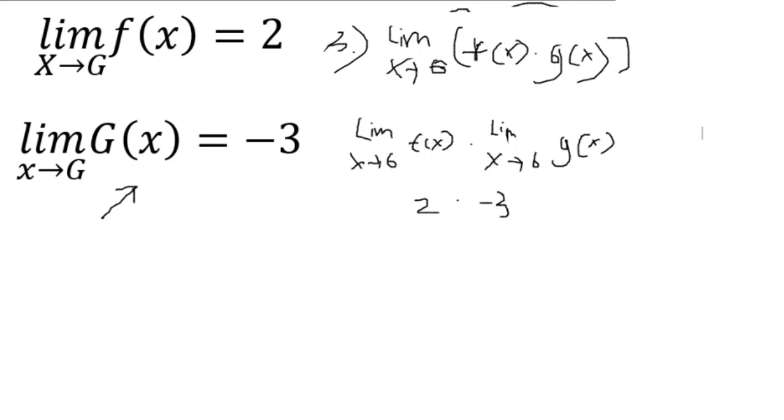So we have 2 and negative 3. This is just an example. 2 times negative 3 is negative 6. That's how to get the value. That's the second property of limits, the product property.